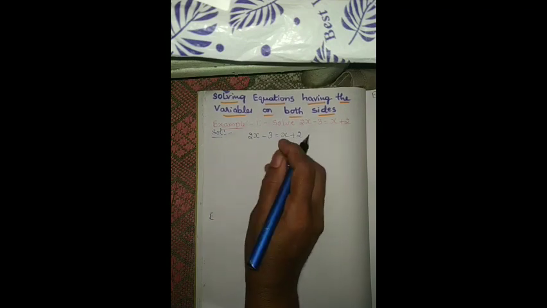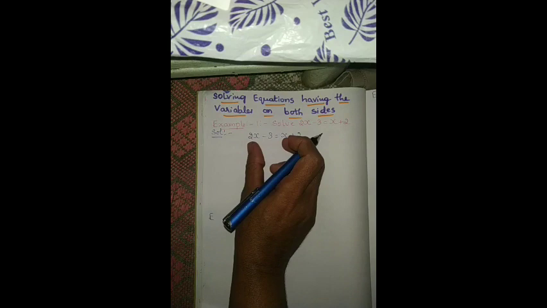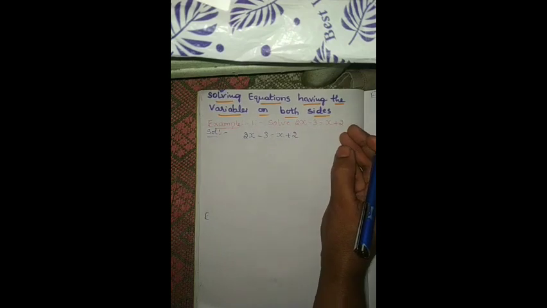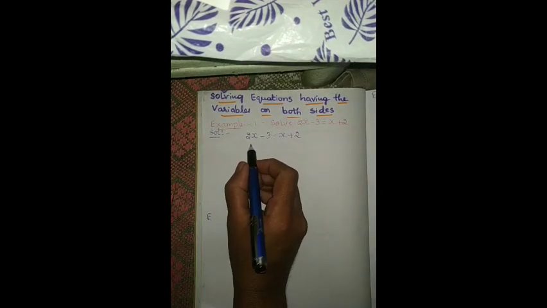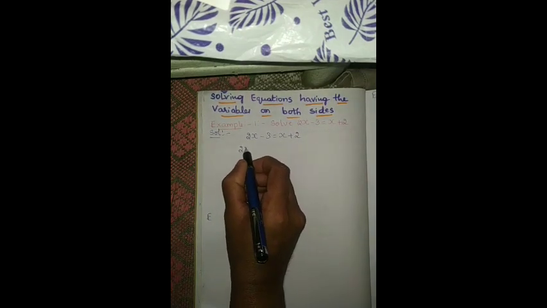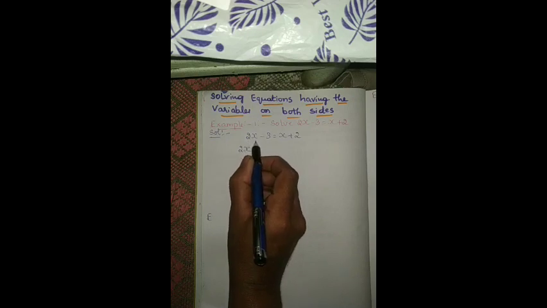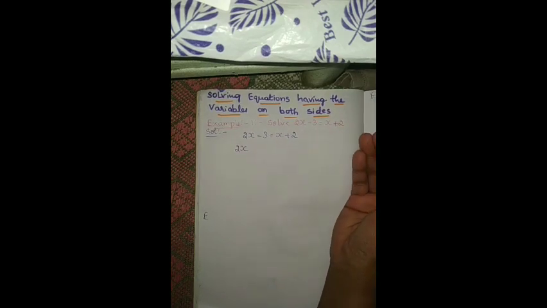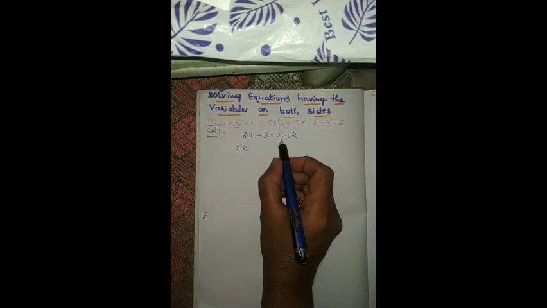What we have to do? We have to combine the terms with variables on one side and simply the numbers on one side. How to bring that? First of all, 2x is a term containing variable, and on the right hand side, that is RHS of the equation, we have one more term with the variable.